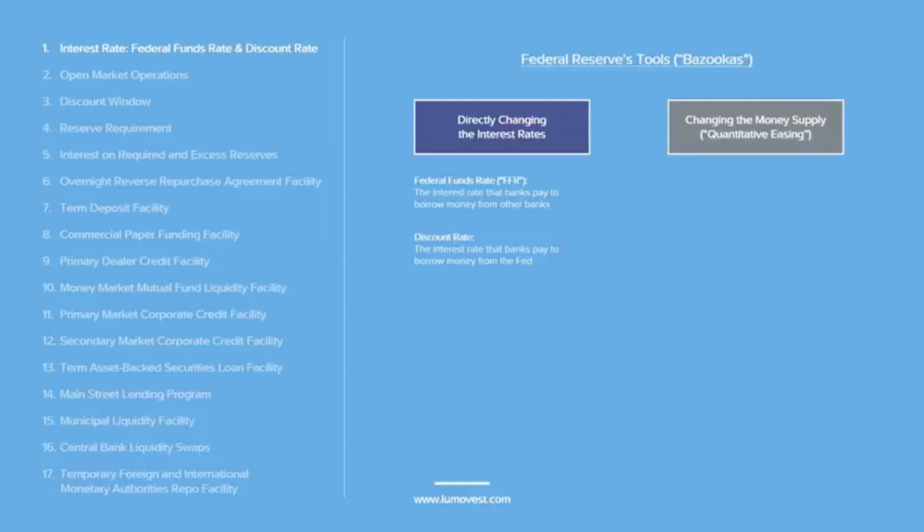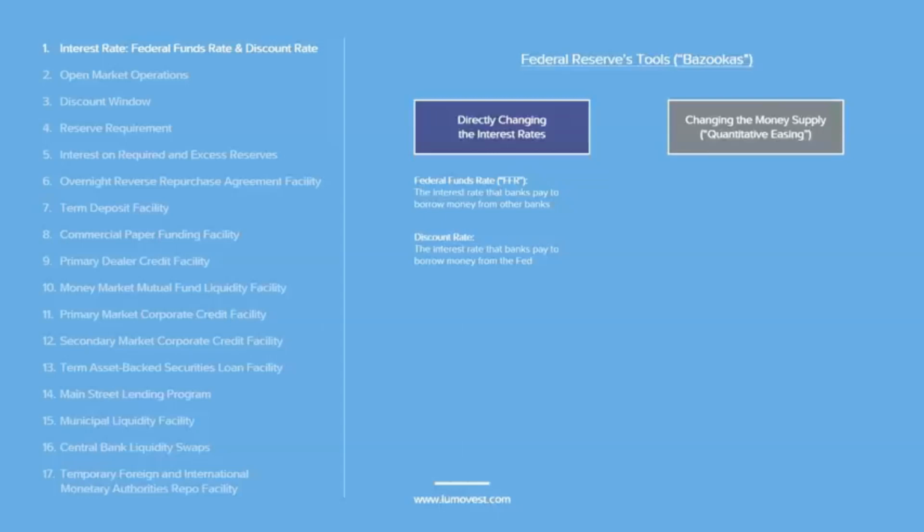When the Fed cuts these two interest rates, it becomes cheaper for banks to borrow money from other banks. Because it's cheaper for the banks to borrow, the banks can reduce interest rates for businesses and consumers as well. This is arguably the Fed's most powerful weapon. The Fed relied on reducing FFR and discount rate heavily during the 2008 financial crisis to stimulate the economy.